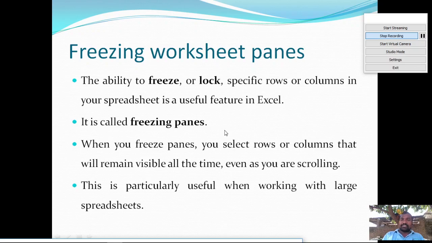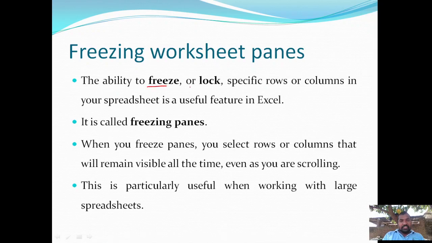Freezing worksheet panes. The ability to freeze or lock specific rows or specific columns in your spreadsheet is a useful feature in Excel. This is the most useful feature in Excel to lock or freeze a specific number of rows or columns.